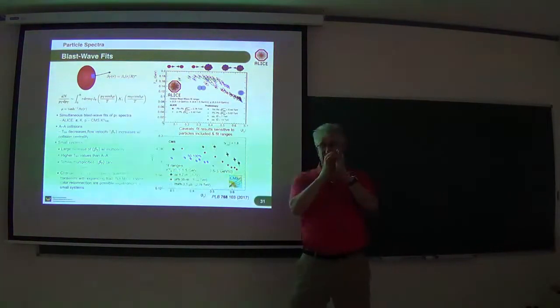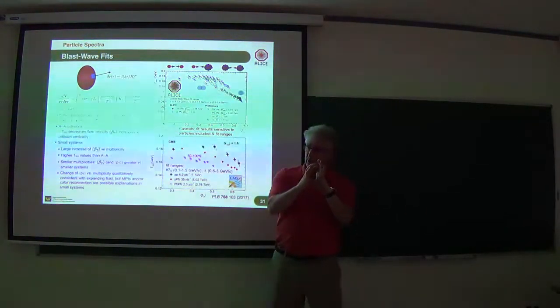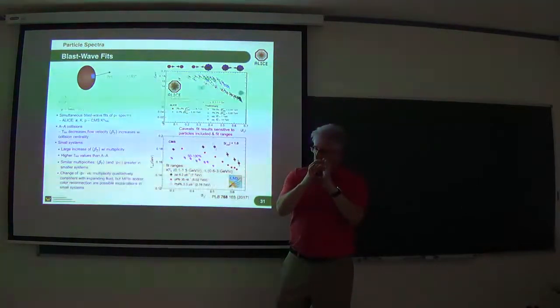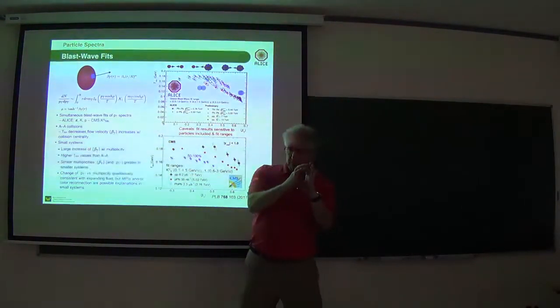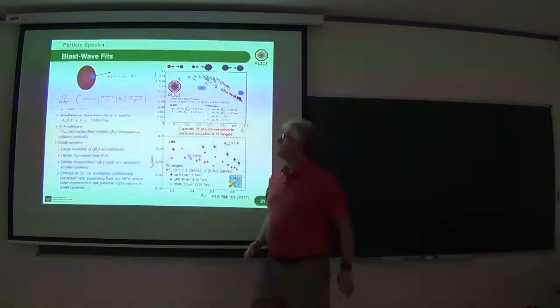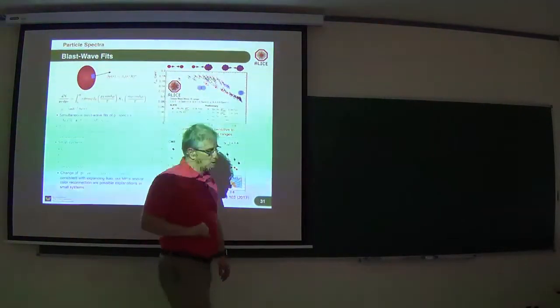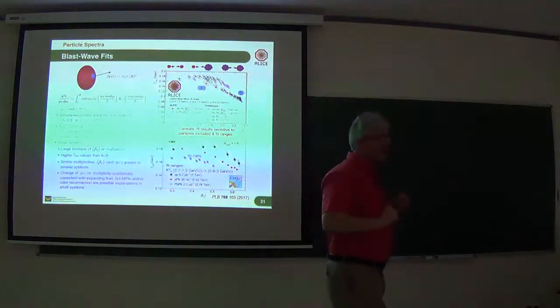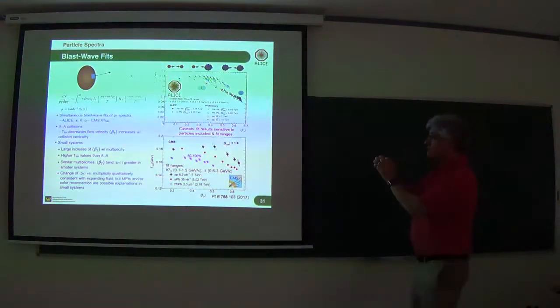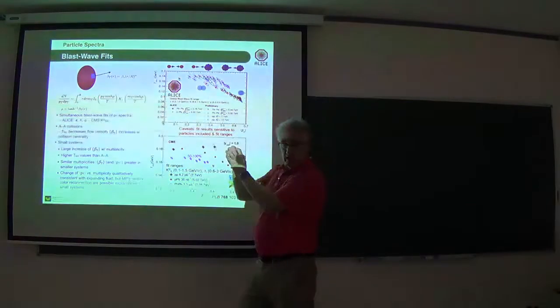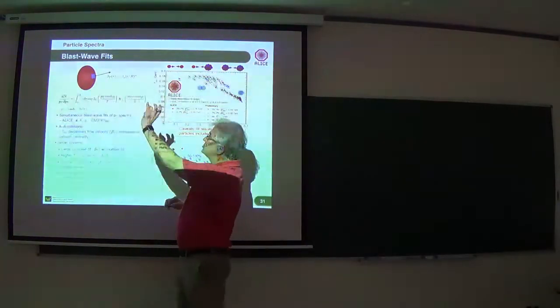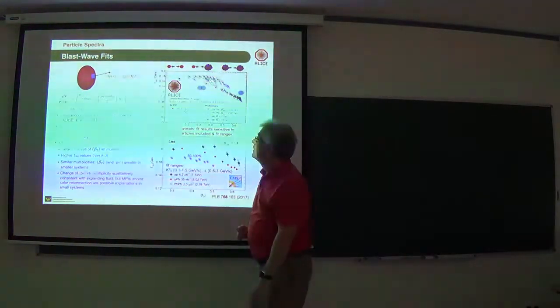A given cell of QGP is being accelerated by the pressure. Picture that this cell of fluid is now being pushed radially out, and so the particles that are produced in that cell are going to be Lorentz boosted radially.